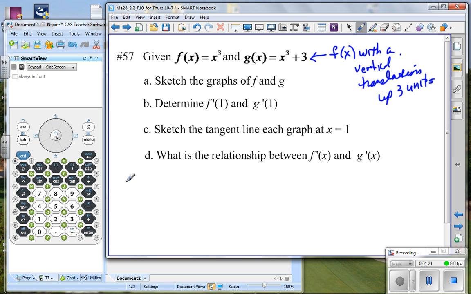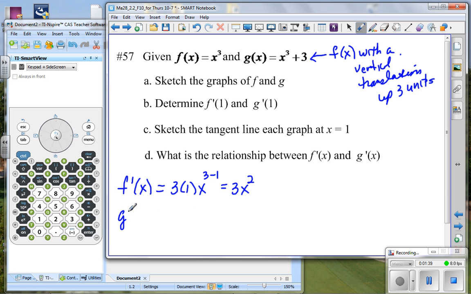Before we start that, let's do some analytical work. What is the derivative of f of x? We have a leading coefficient of 1, so that would be 3 times 1, x to the 3 minus 1, or 3x squared.